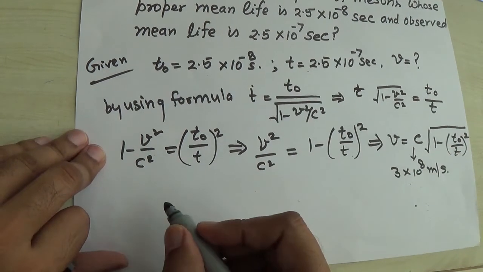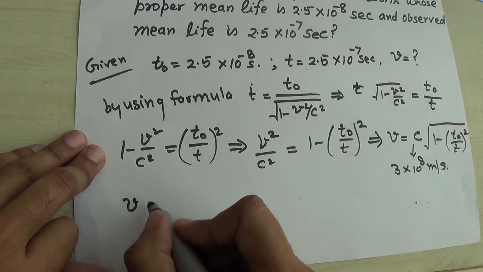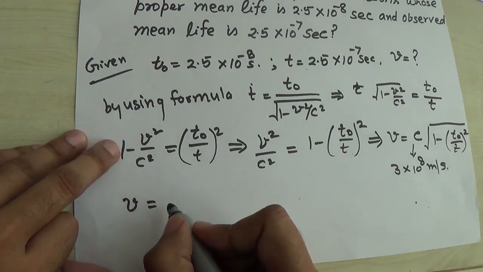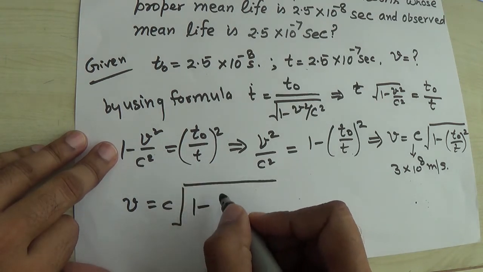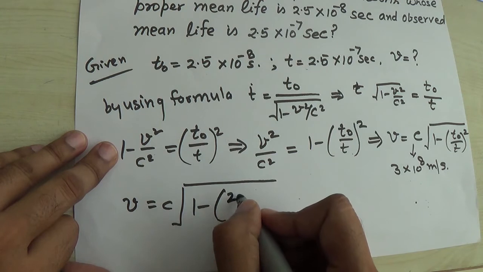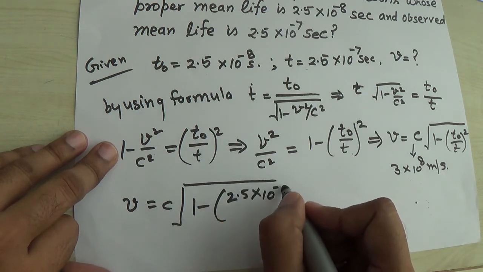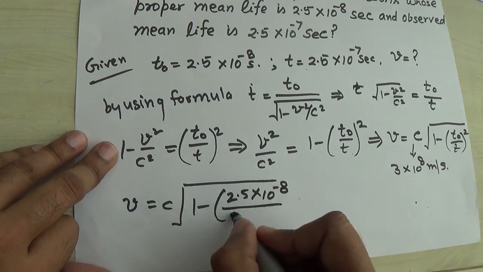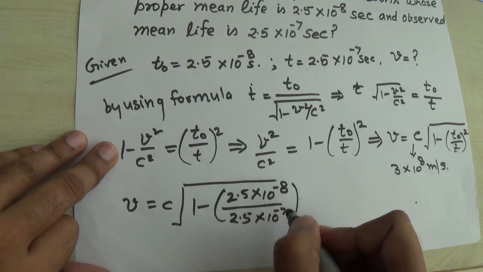Now I am putting the value: v is equal to c times square root of 1 minus, this is 2.5 into 10 raised power minus 8 upon 2.5 into 10 raised power minus 7, right?